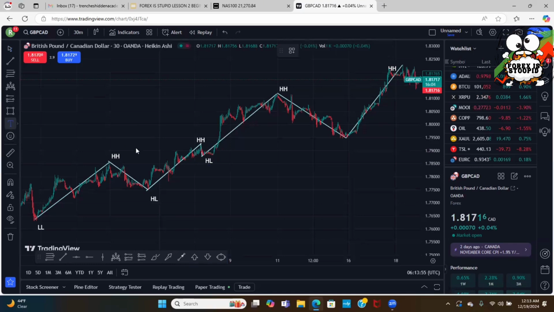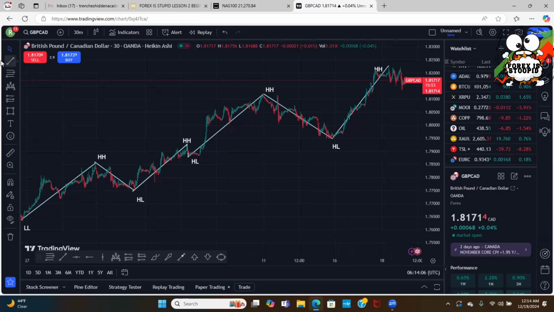It's coming back, we're testing that previous high, higher low. And then the next low is here. This previous high to this previous low, and it retests that, right? Put a higher low right here.